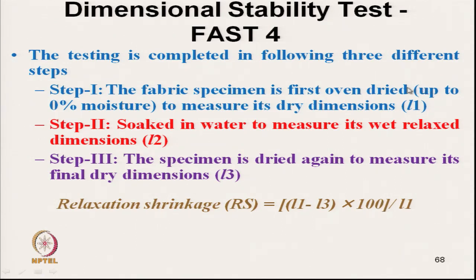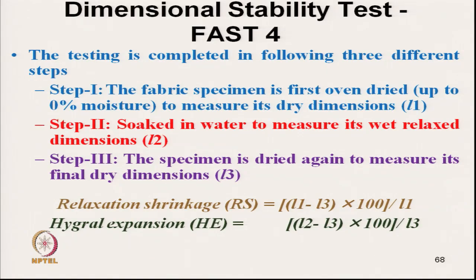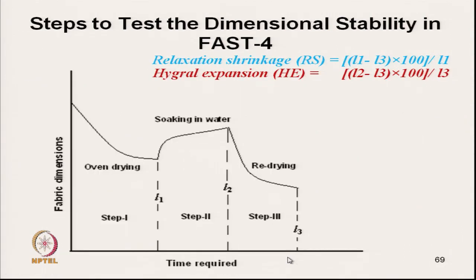That means the difference between the initial dry condition and final dry condition, divided by the initial dry condition. So, that shows the relaxation shrinkage. And hygral expansion is the difference between L2 and L3 divided by L3. So, that gives the hygral expansion.